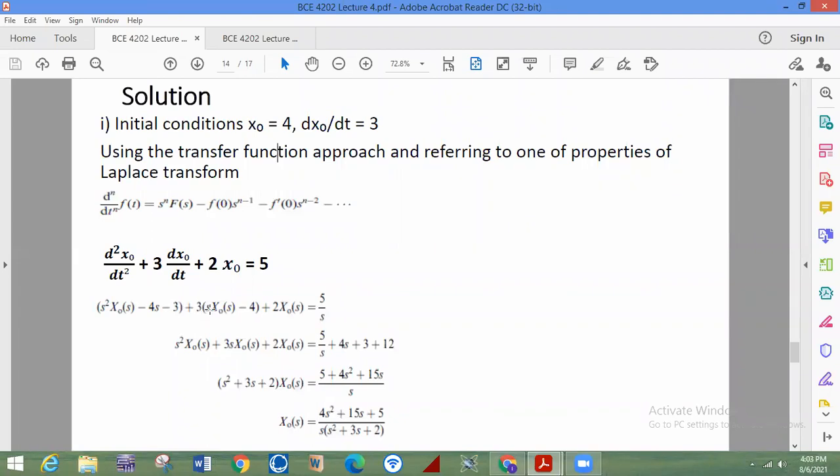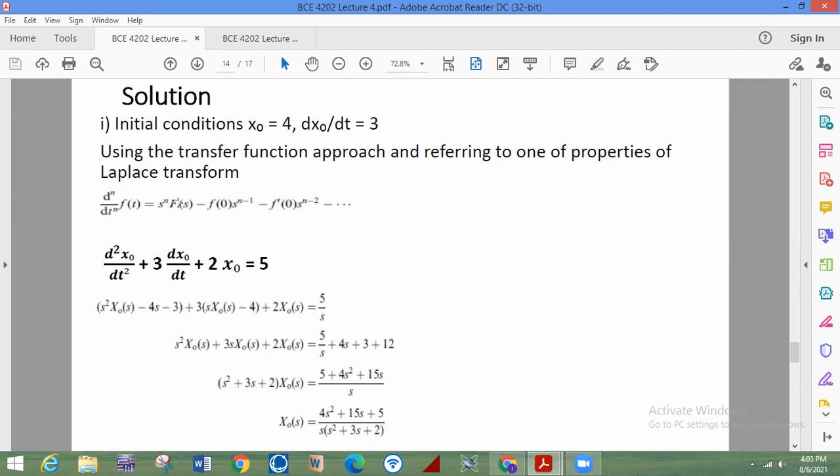So it will be 3 into, okay, let's put this into this. In our case, n will be 1 because it's the first derivative, so it will be s to the power 1, which will be s. That's why we have s here.